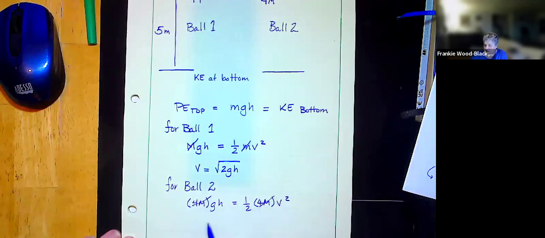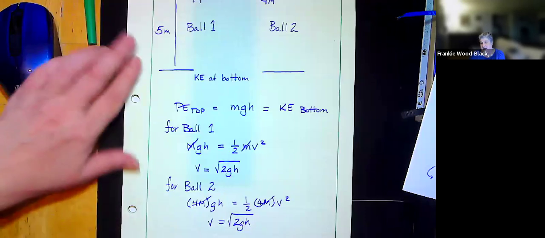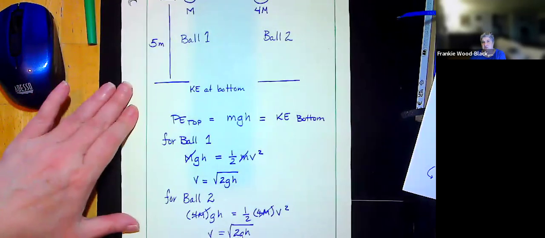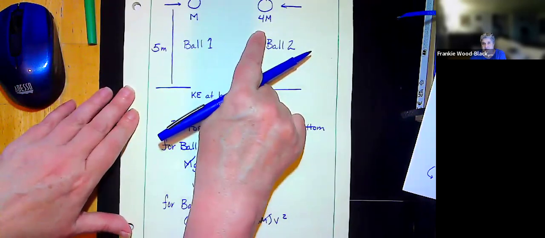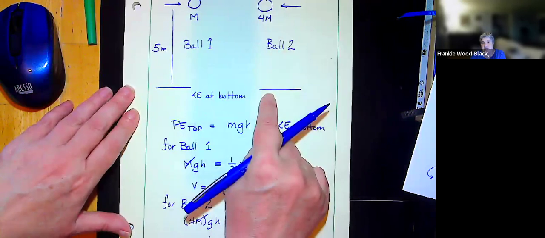Those cancel, and velocity is just going to be the square root of 2gh. So when we're dealing with conservation of energy, just because this one has 4 times the mass doesn't mean we're going to be at a different velocity at the bottom.